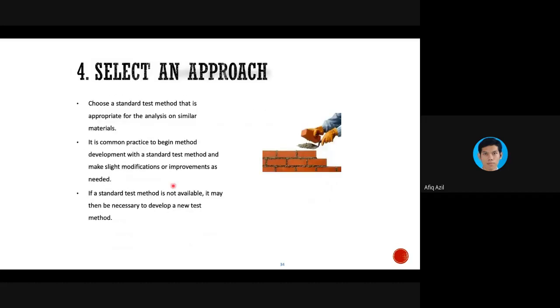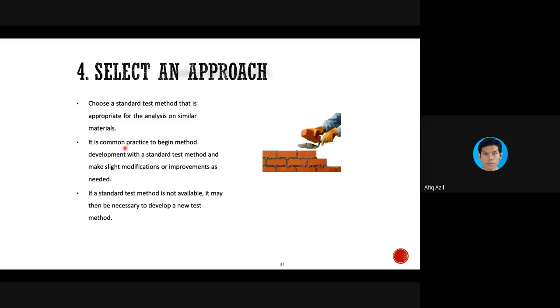So here, select an approach. First, if you choose a standard method, which I have mentioned earlier, all those pharmacopoeia, the published articles, regulatory bodies, that is considered to be standard method. But you can also use non-standard, meaning a method that you start from scratch.